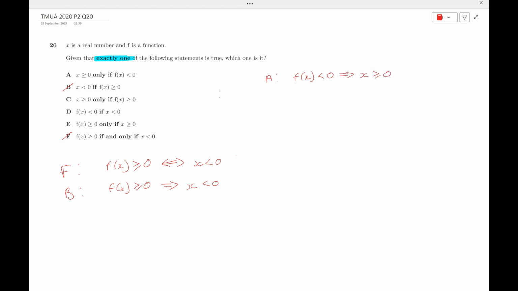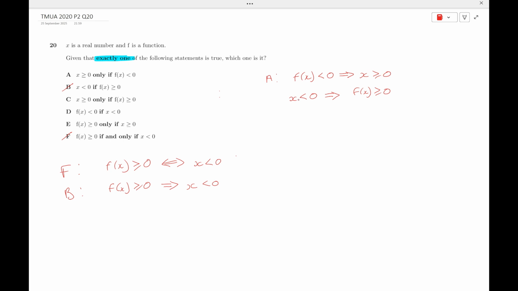And it's "only if", and that "only if" is going to be important here, because the contrapositive of that is: if x is less than 0, that implies that f of x must have been greater than or equal to 0, because we're saying if f of x is less than 0, then x is greater than or equal to 0.